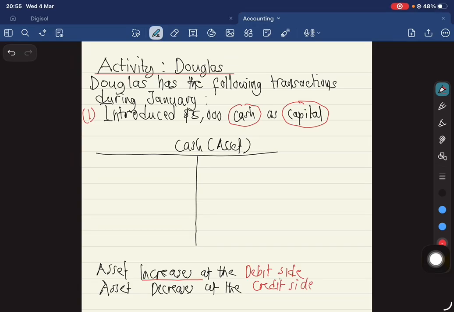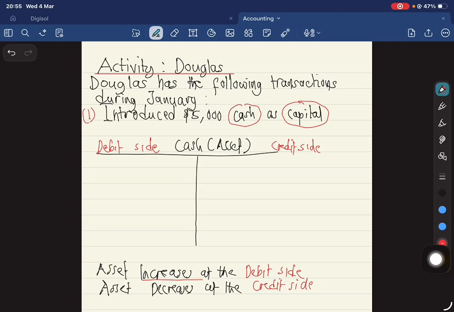And as I said, with the T account, the left side of the T account is called debit, so this side is the debit side, and the right side is the credit side, this side. So the rule says asset increases at the debit side.